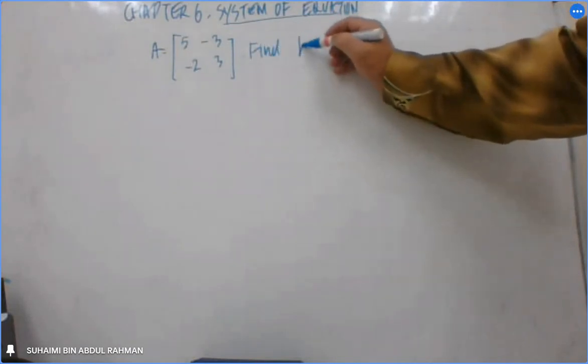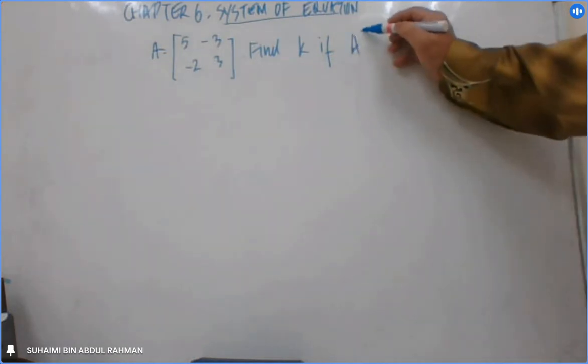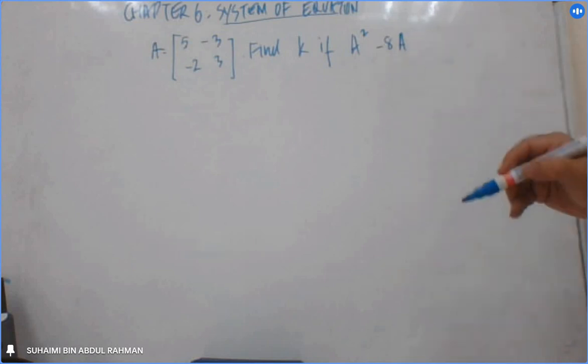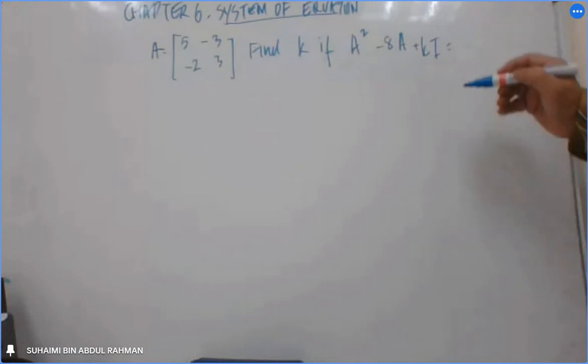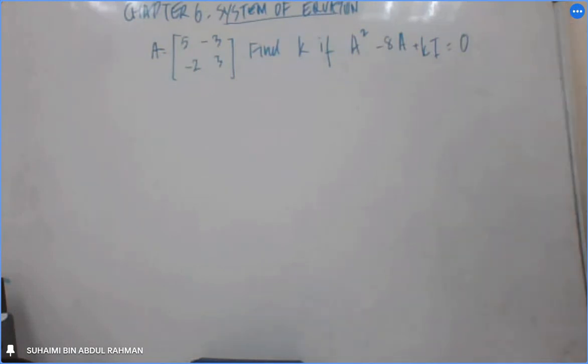Find the value of K if A squared minus 8A plus KI equals 0. It's quite the same as the previous examples.